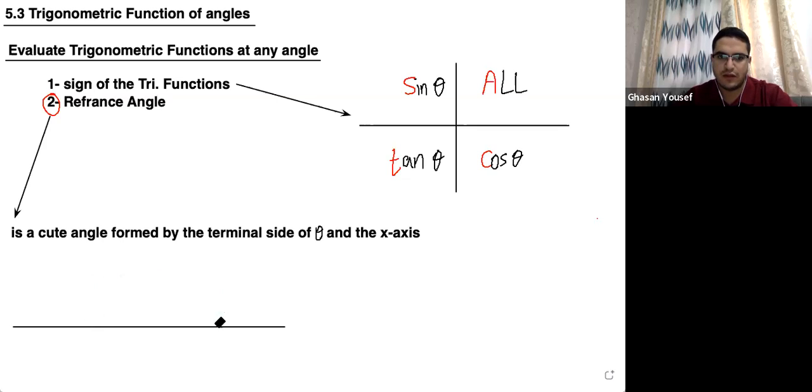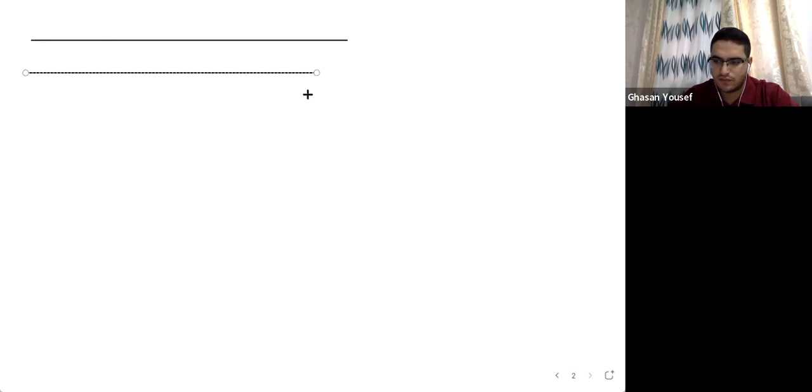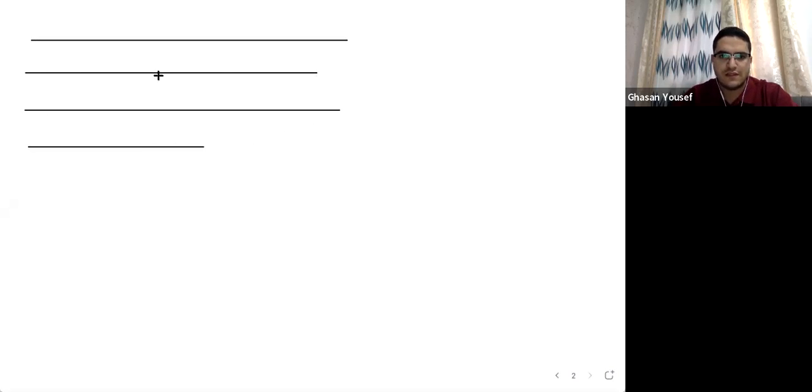This table will help you a lot to find the reference angle. You should memorize it.